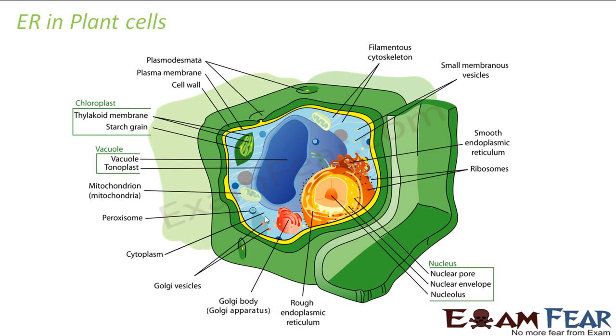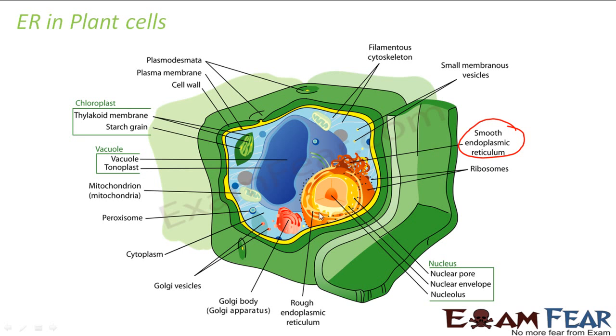Similarly, let us have a look at endoplasmic reticulum in plant cells. Where do you have it in the plant cell? Here you have the smooth endoplasmic reticulum, also somewhere near the nucleus. This is my nucleus, and this dark yellow colored structure is the nuclear membrane. Just outside the nucleus, you should have the rough endoplasmic reticulum.